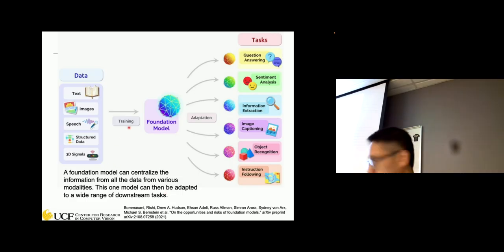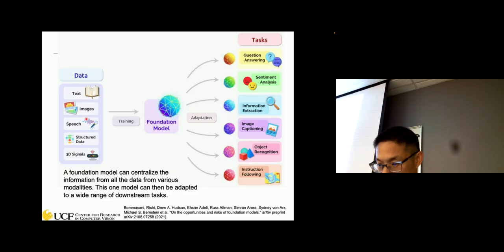So this is like a concept, right? How we can train this foundation model, and once it's trained, how we can adapt it to different tasks. Here, a general foundation model can leverage basically all the different modalities you can think about in our daily life. Definitely we have a lot of text, from the internet, Wikipedia, books, articles, blogs.